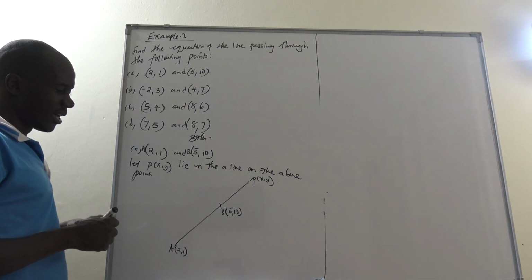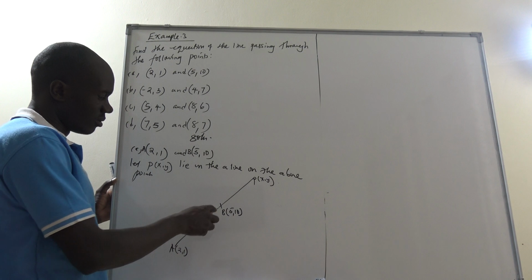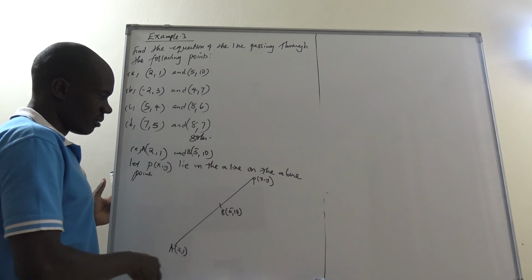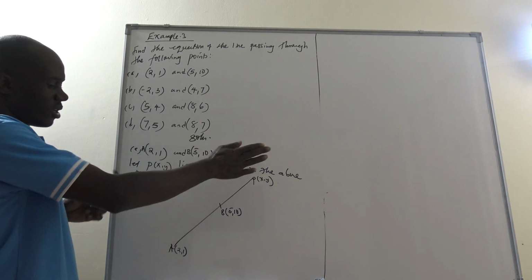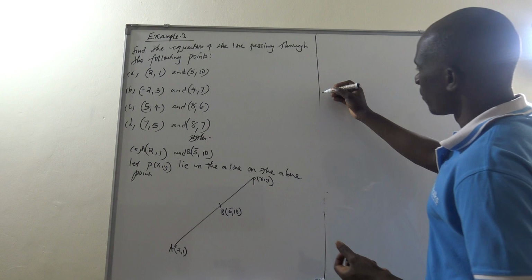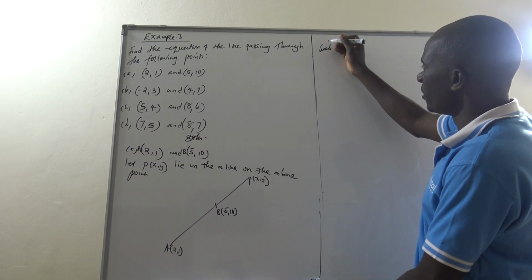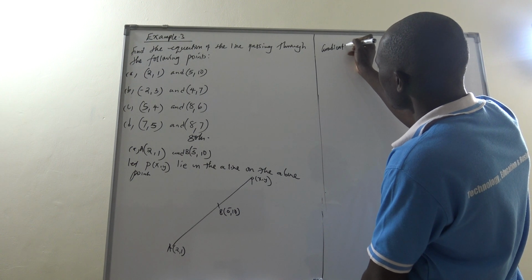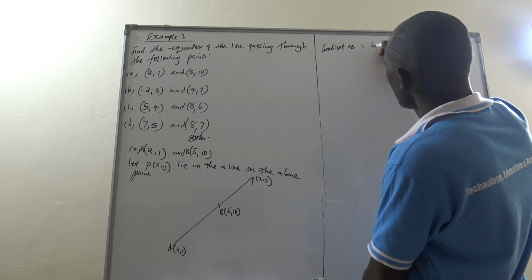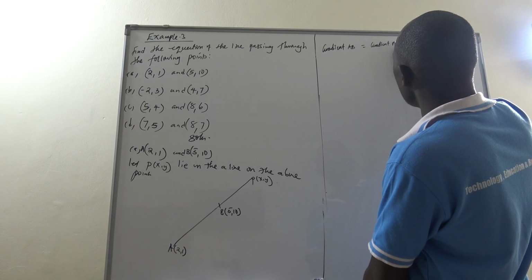So what happens here? You can say the gradient of AB is the same as the gradient of BP, or the gradient of AB is the same as the gradient of AP. So here you can use the idea of the gradient theorem: gradient AB equals gradient BP.